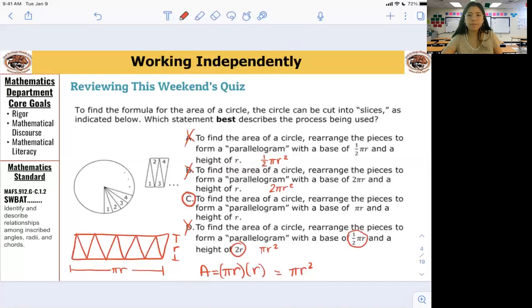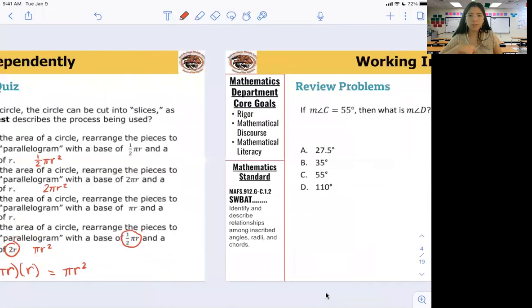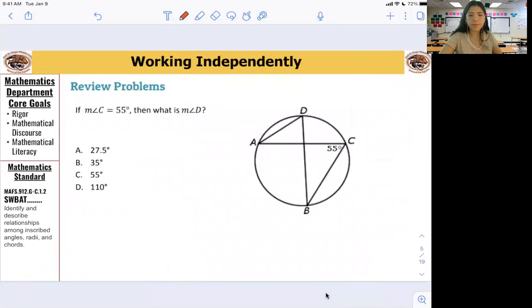Okay. All right, then let's go ahead and go into our review. So starting with this first example, I kind of separated it into two sections for reviewing. Today we're going over angle measurements, different types of chords and inscribed angles, central angles, all of that stuff.